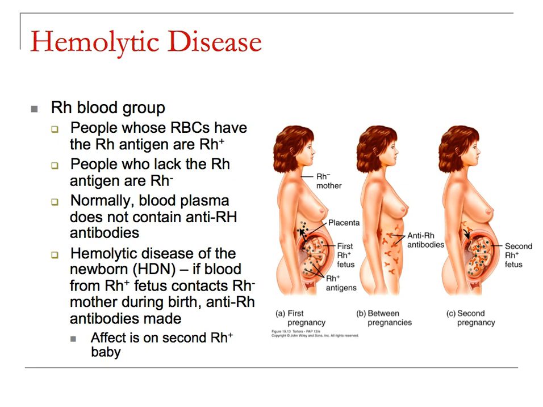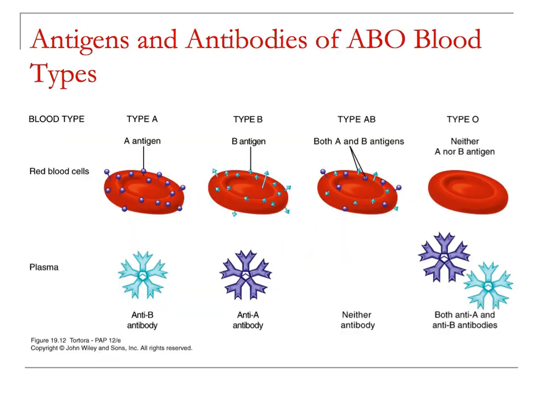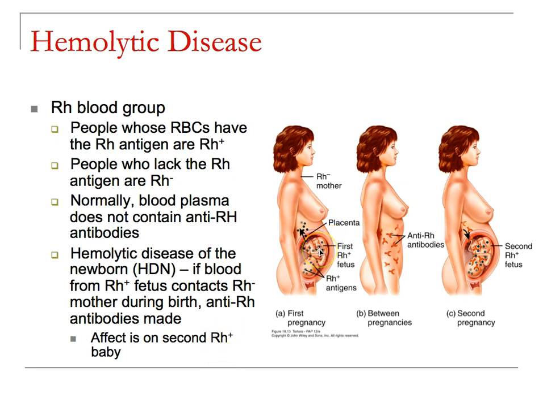We'll definitely come to this in Chapter 22: if mom is Rh negative, her immune system makes antibodies if the first fetus was Rh positive. She will begin to make antibodies against the Rh antigen. So as the second pregnancy comes along, those antibodies have the ability to cross the placenta into the fetal circulatory system and act against the fetal tissue.